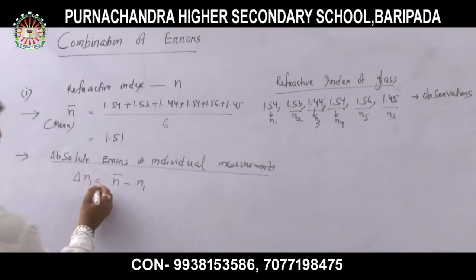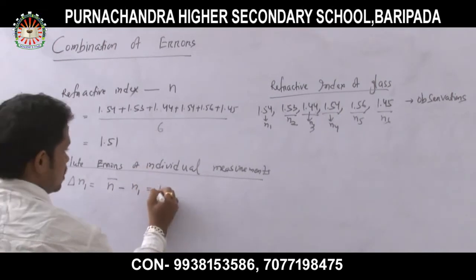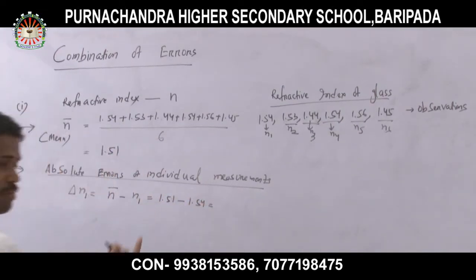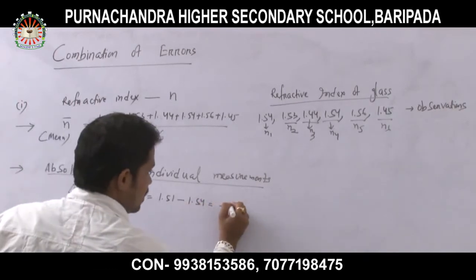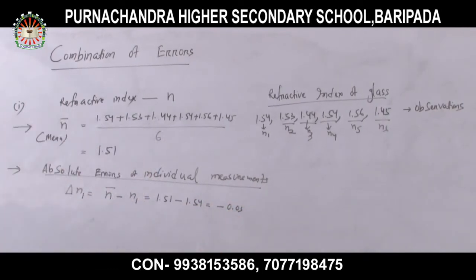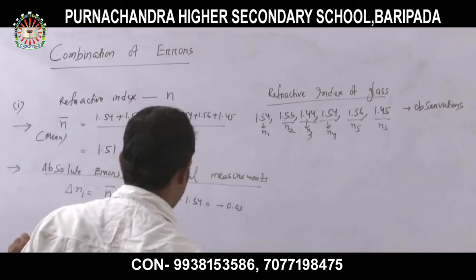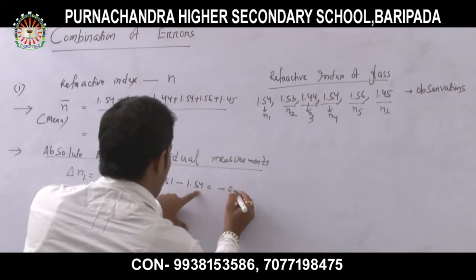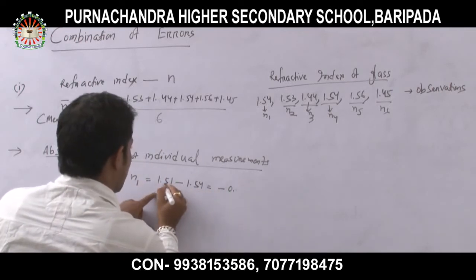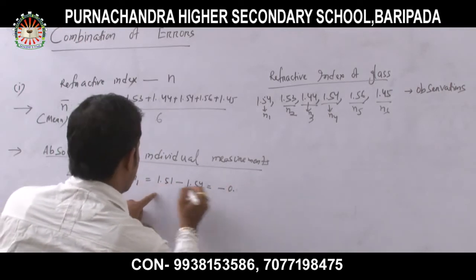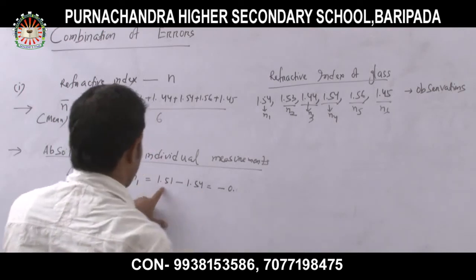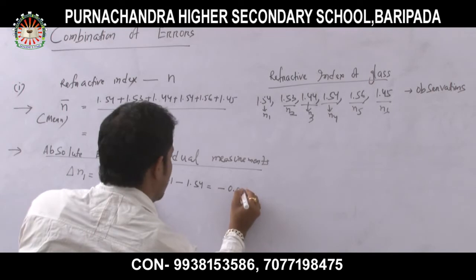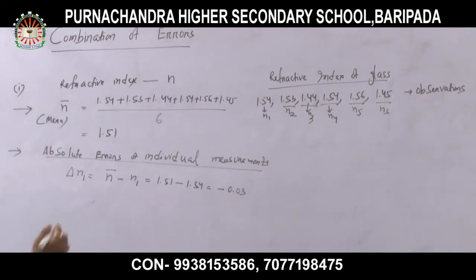So del n1 is equal to n bar minus n1, that is 1.51 minus 1.54. That is nothing but minus 0.03. Clear?